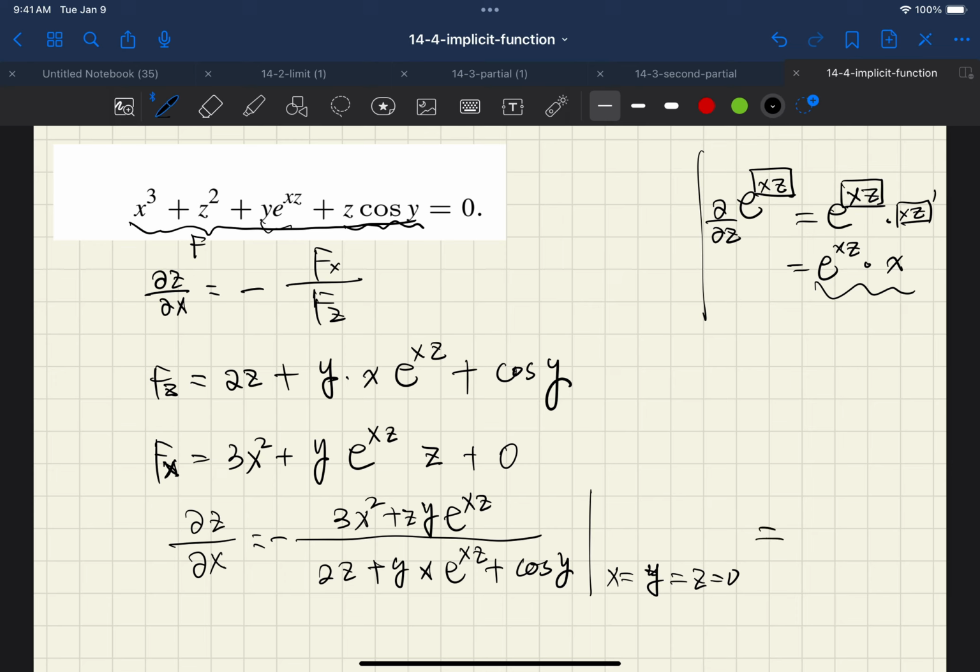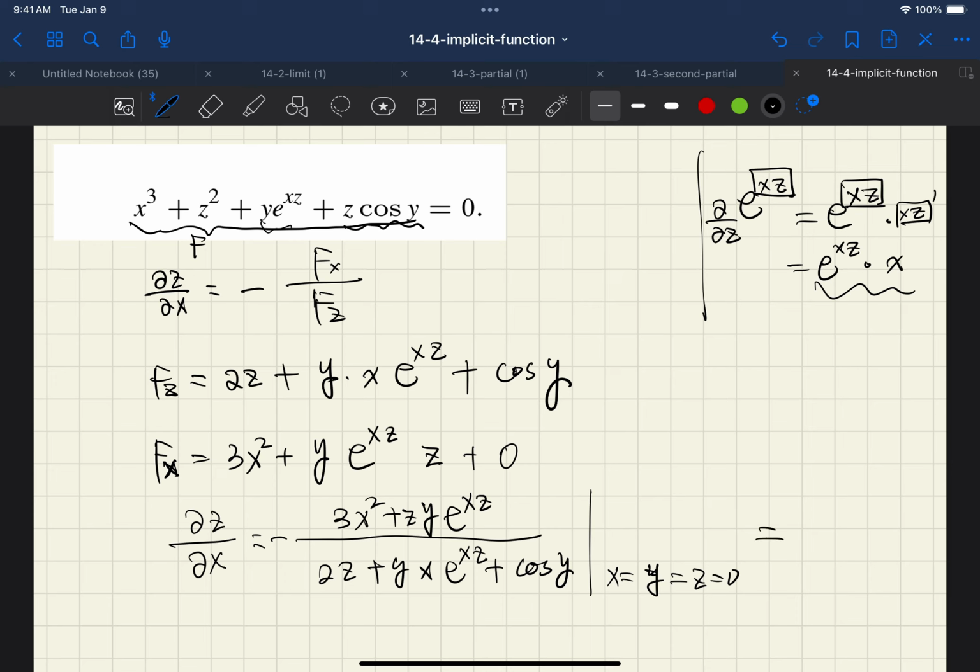We can also do partial z partial y, which is negative Fy over Fz. And Fz is already available, so we only need to take Fy, which comes from this f.